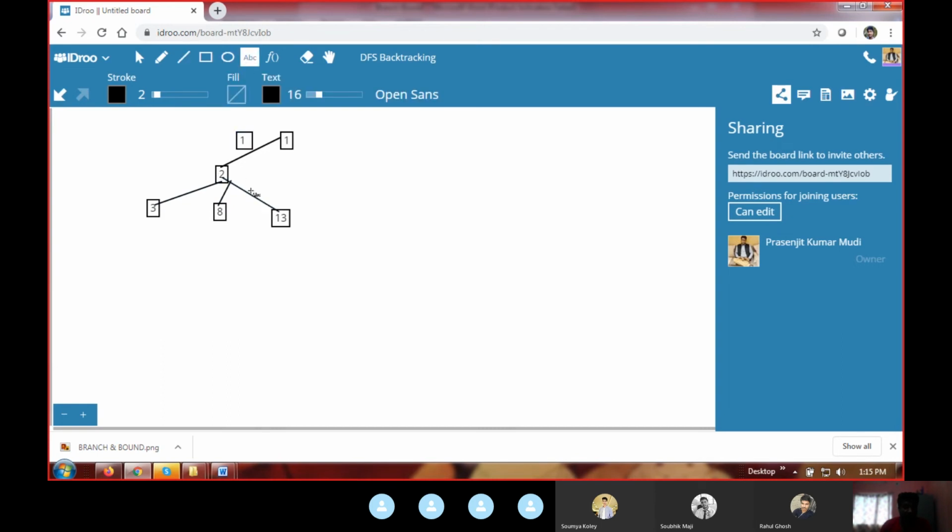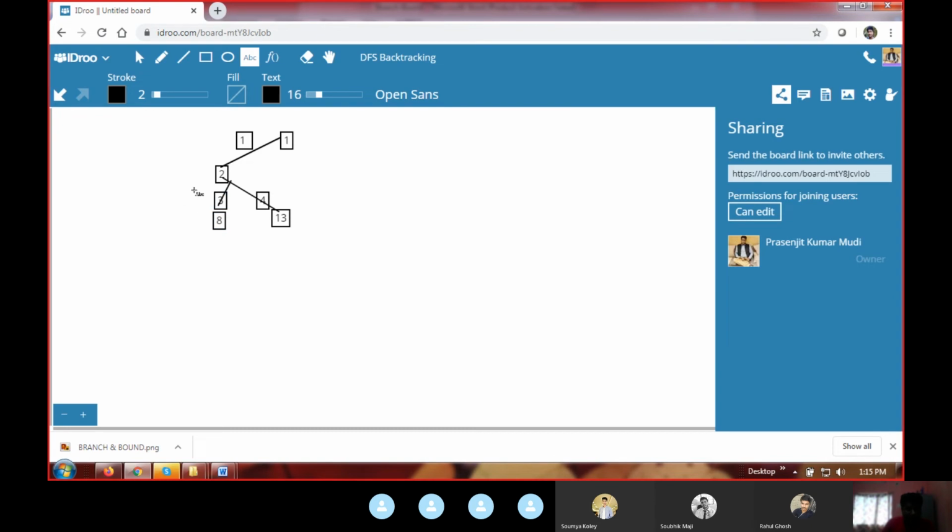So this corresponds to x2 equal to 4, this is x2 equal to 3, this is x2 equal to 2. These are the expansions of node 2, but out of which node 3 is violating the bounding function, and hence it is deleted. So only nodes 8 and 13 are satisfying the bounding function.